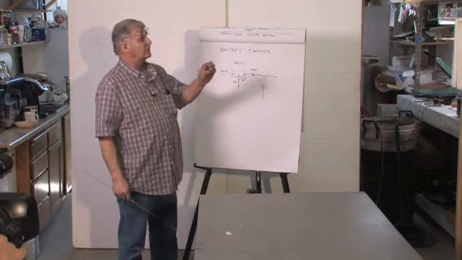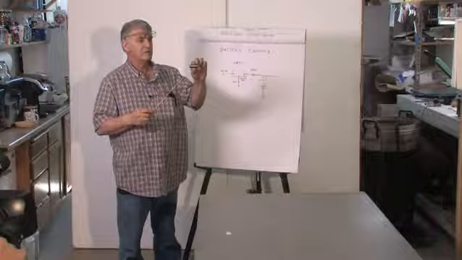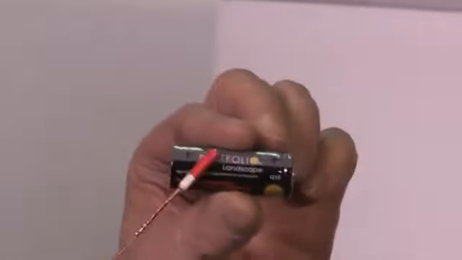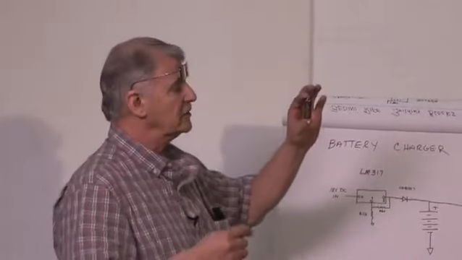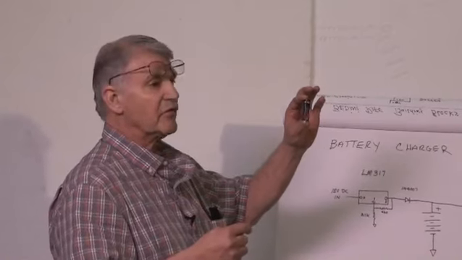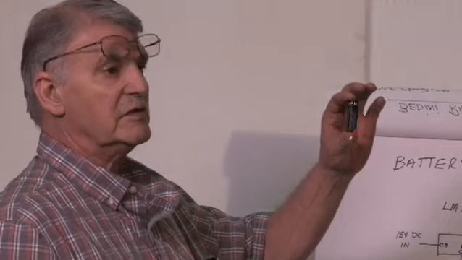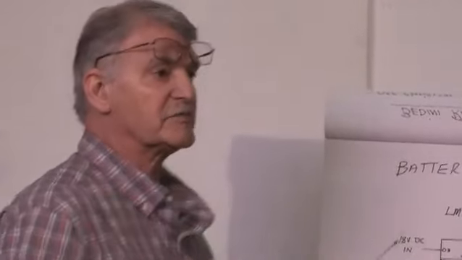A lithium iron phosphate battery, you can buy at Home Depot or any garden center that sells solar lights. Now these happen to be 1 amp hour each. I would prefer that you use 4 of these batteries. They're 3.2 volts each. You use 4 of them, you're going to get up to the 12 volts that you need to operate this machine, and it's going to run for a long time.